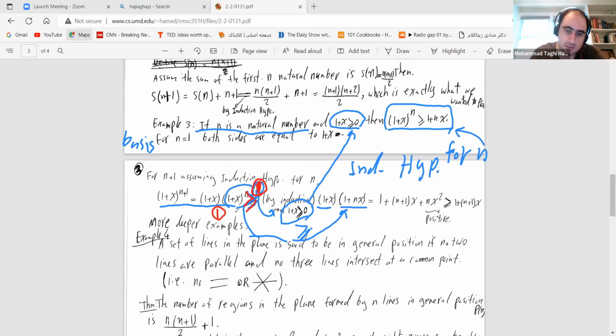Why do we have 1? Because of this part, essentially. Or you can write it in multiple lines, and at the end of each line, you say that's why. So you can break the line here, and break the line after here, and then explain why we have these properties.